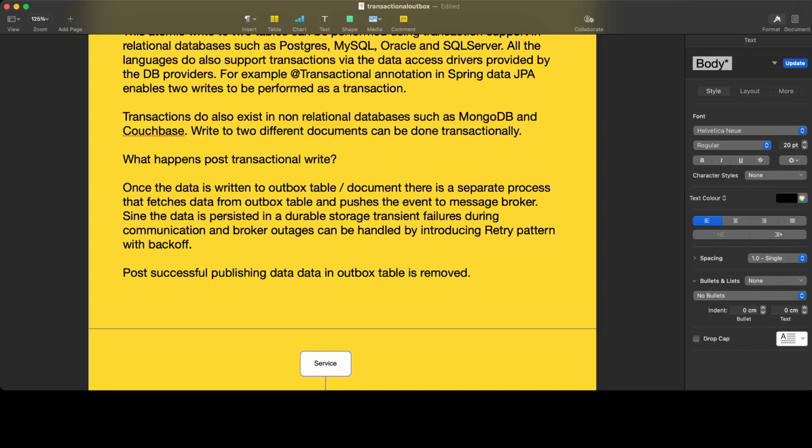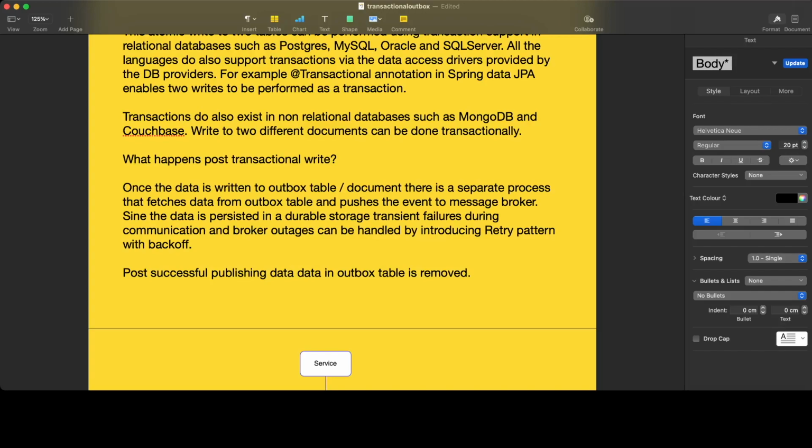We can retry as many times as we want, and we are sure that what we have to notify is already present in the table, so there is no data loss. The downstream systems will get the data evented out to them, but in an eventually consistent manner. It's not strong consistency, but that's the need.